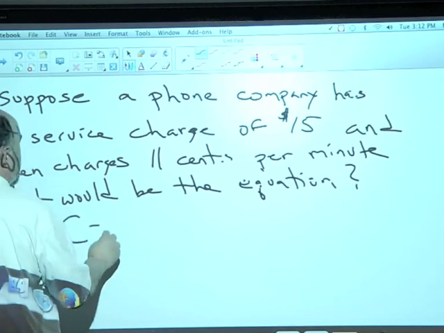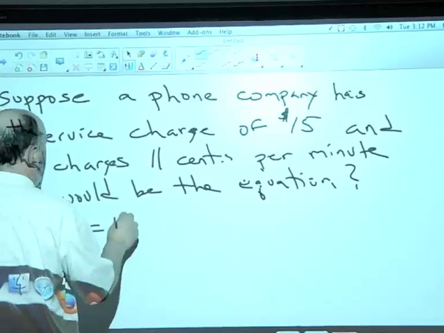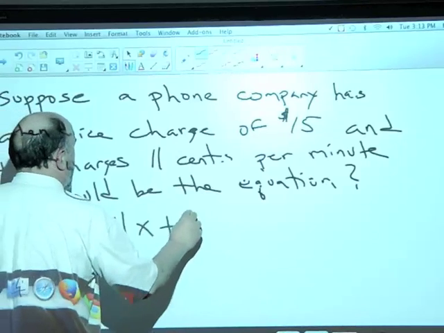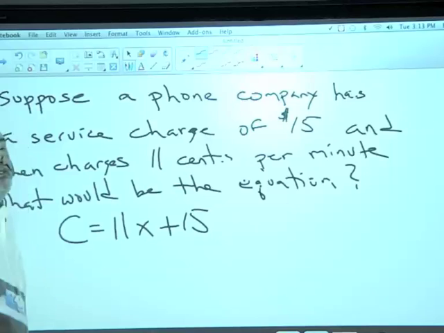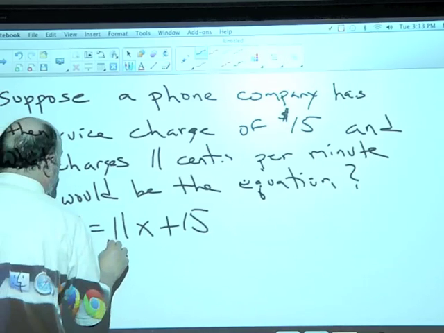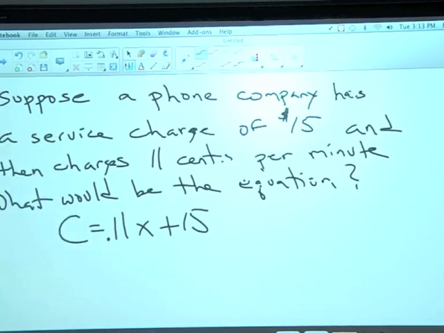Now the cost is going to be 11x plus 15, is what he said. 0.11x? All right. It's cents, so not dollars. Right, it's 11 cents. Hopefully they're not charging you $11 per minute. Be a little steep, right? So it should be 0.11x, right? 11 cents per minute.